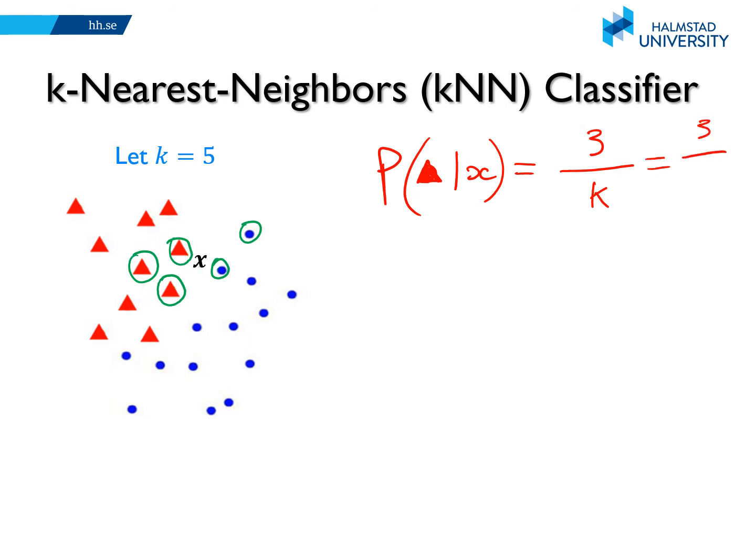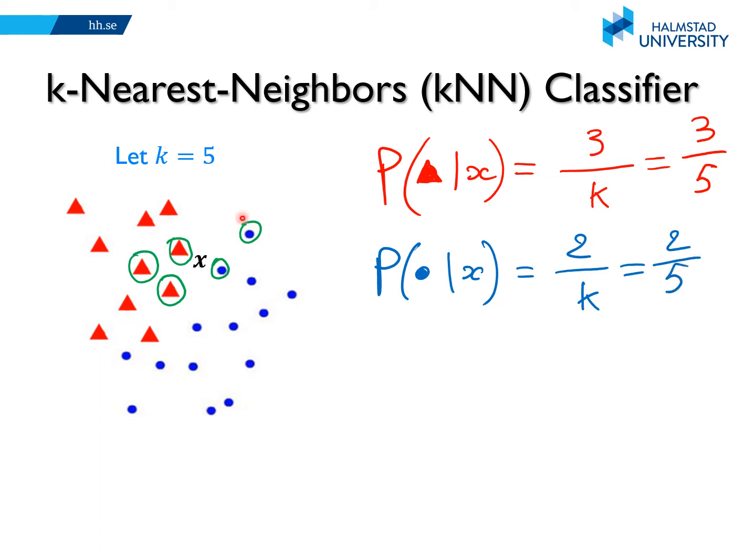So it's just 3 over 5. And similarly, the probability that x belongs to the blue class is equal to 2 over k, in this case 2 over 5, because we have 2 data points among the k-nearest neighbors which are labeled with the blue class.